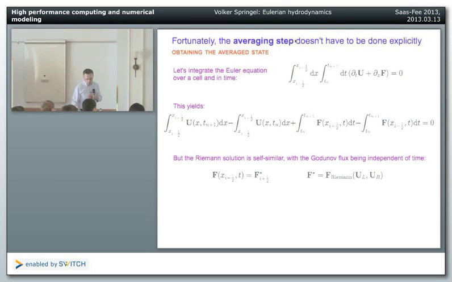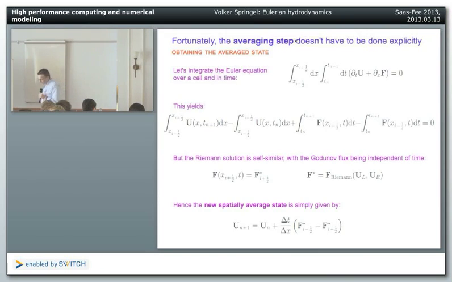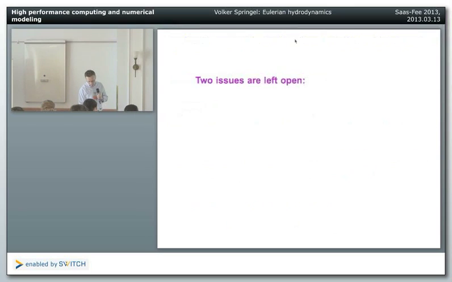That means the averaging is trivially done, and I can just write down the update like this. The new spatially averaged state is the old spatially averaged state plus delta t over delta x times the flux difference: whatever comes in from the left side minus what goes out on the right side of the cell. That is how we update things.